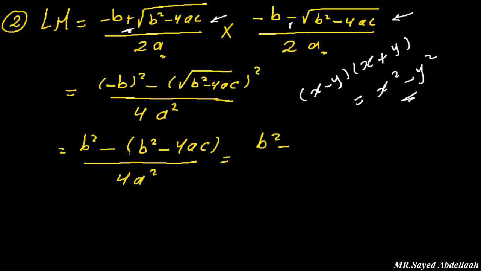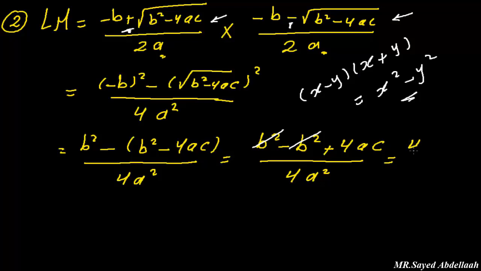Okay, then b² minus, this is the negative sign. Negative times positive equals negative, negative b². And this is negative times negative equals positive 4ac, divided by 4a². b² minus b² equals 0. Then the result is 4ac divided by 4a².